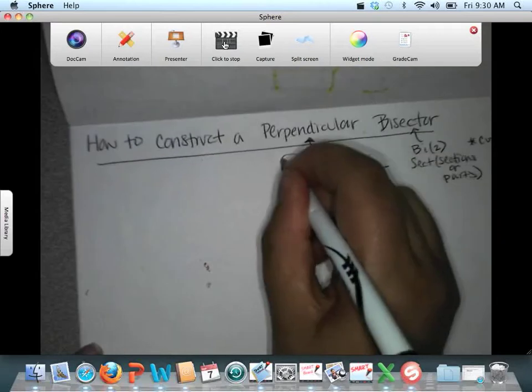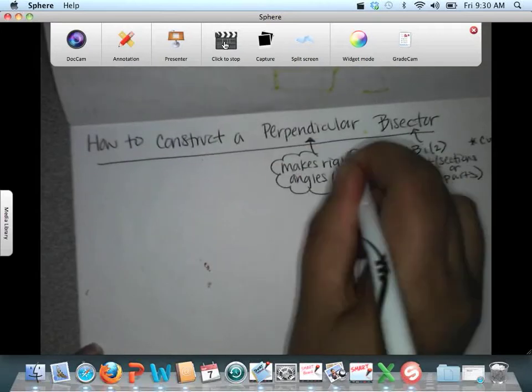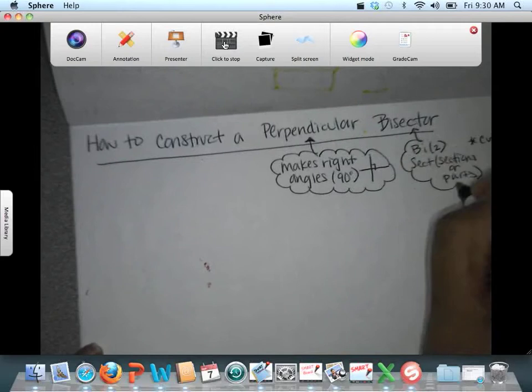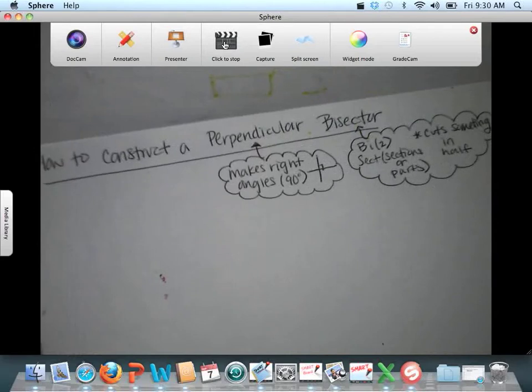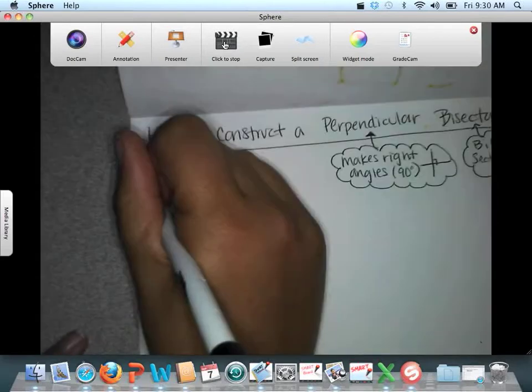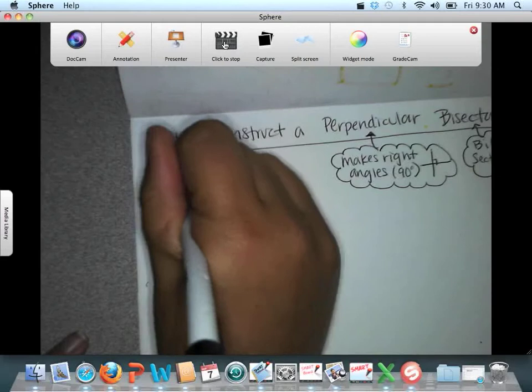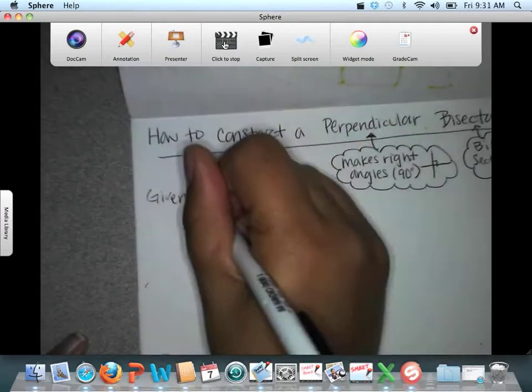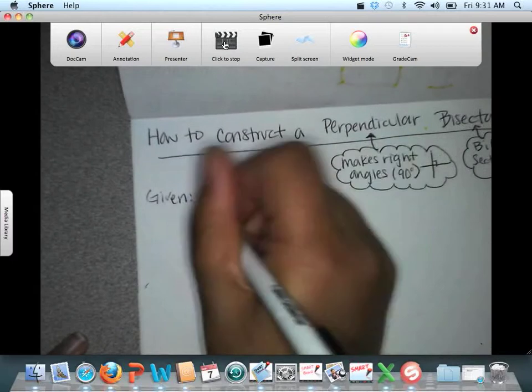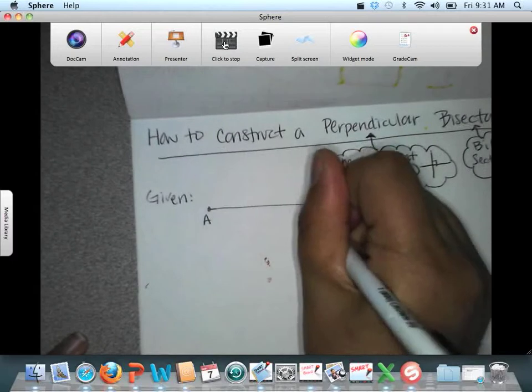Okay, so in these constructions, what you're given, really quick, let me just bubble these so they don't interfere with my steps. All right, there you go. We're all bubbled. Beautiful. Okay, so your given is always going to be a line segment. We'll call it line segment AB.